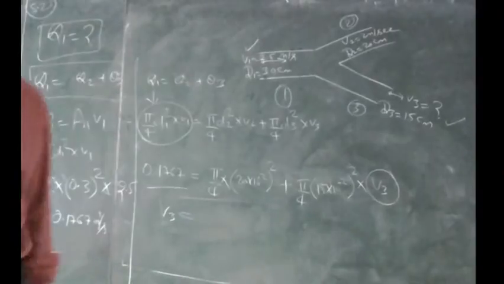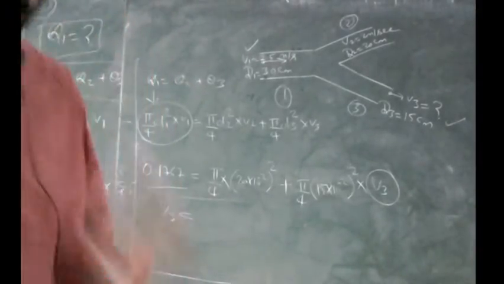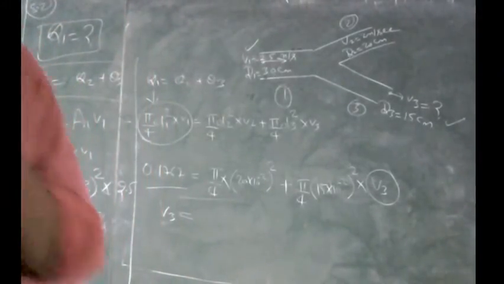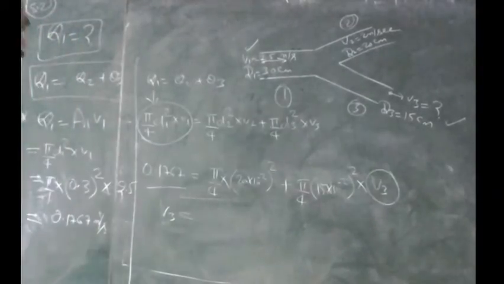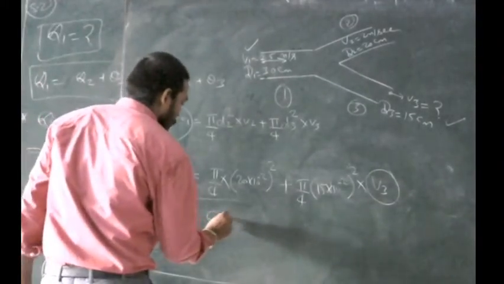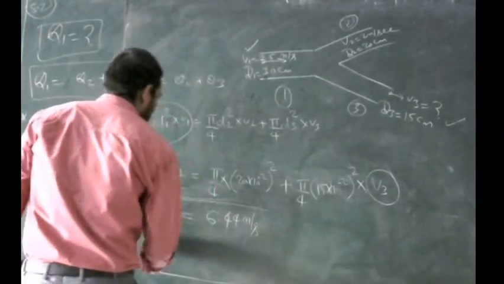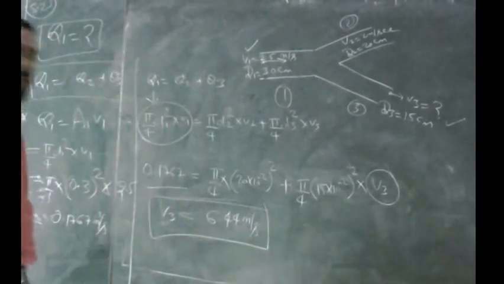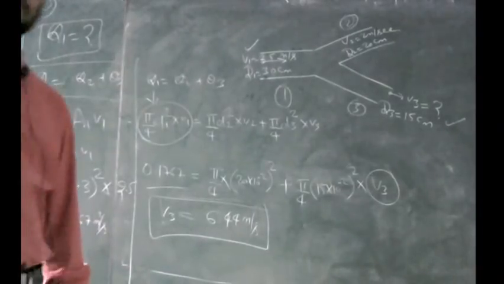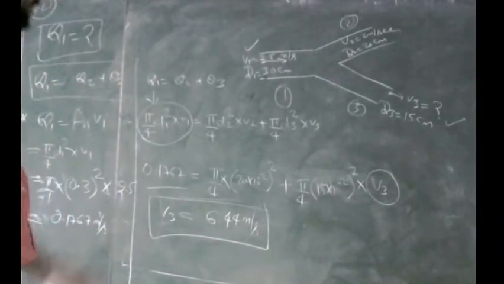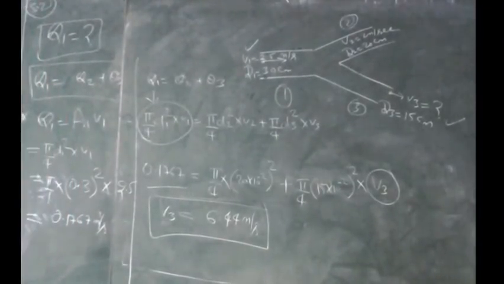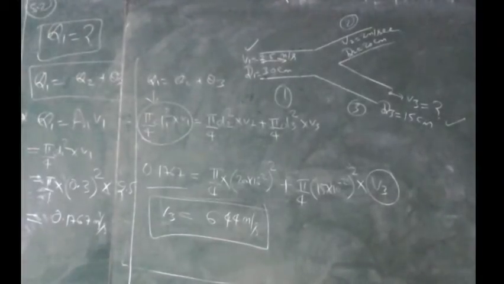V3 is 6.44 meter per second. Is that clear? Okay, this is a very simple question.